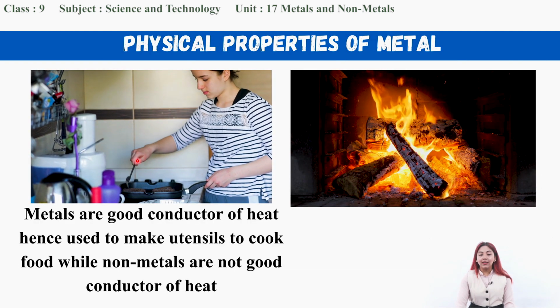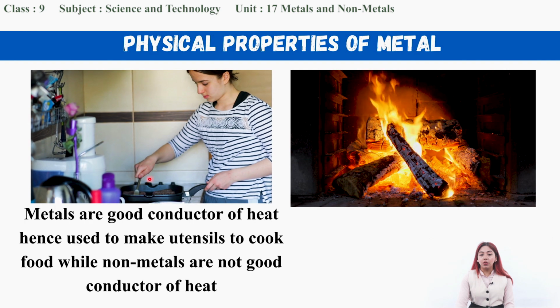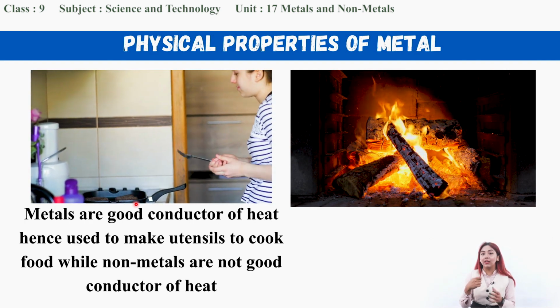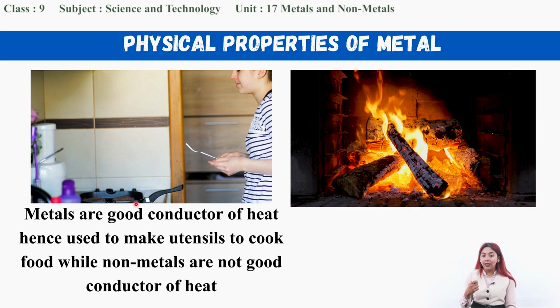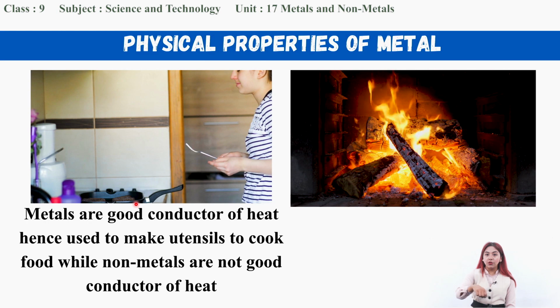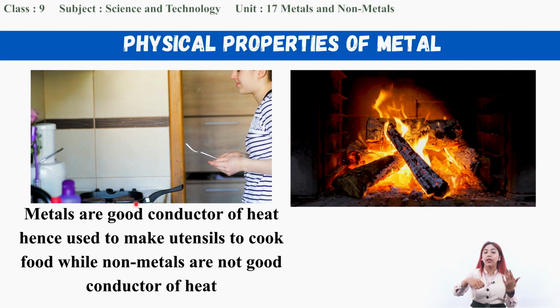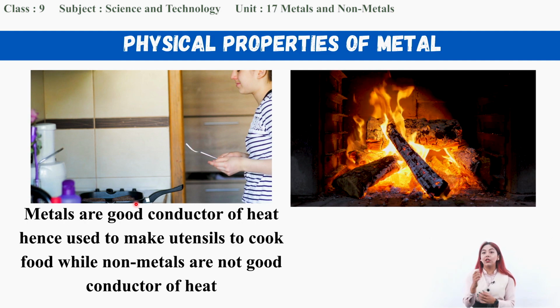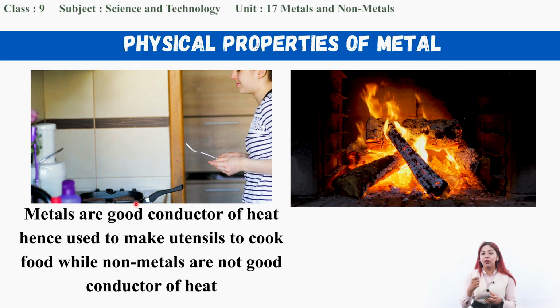Now here you can see in the figure that this girl is cooking and she is using a metallic fork, and all of a sudden she burned herself. Why? Because a fork is a metal, and when she was cooking, heat transferred from the tip of the fork, and since metal is a good conductor of heat, it reached her hand and she burned herself.